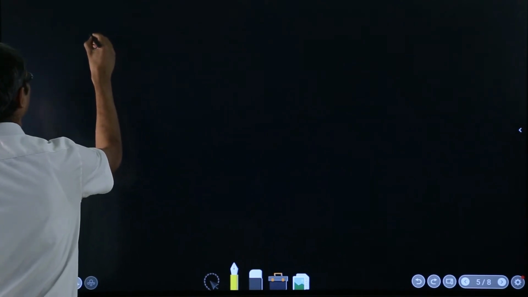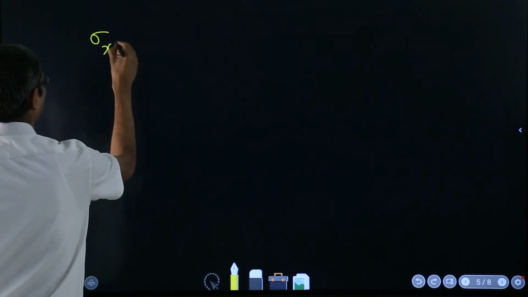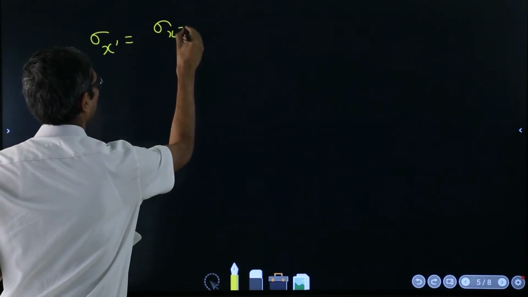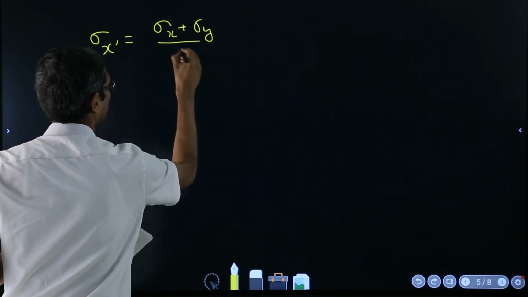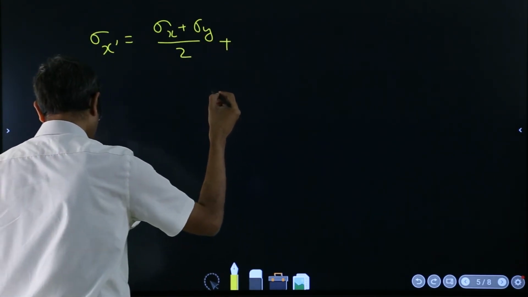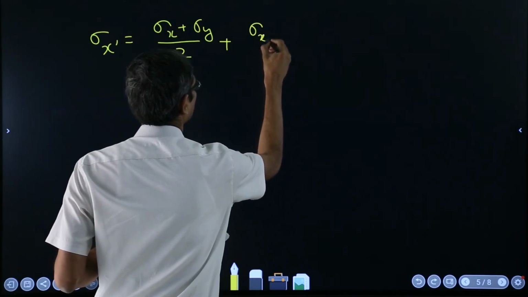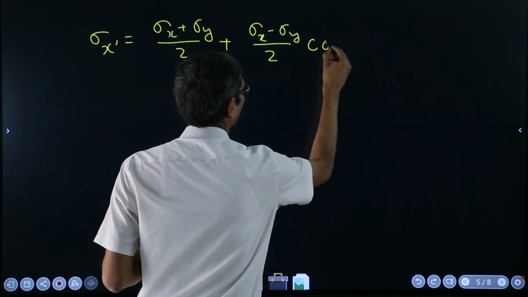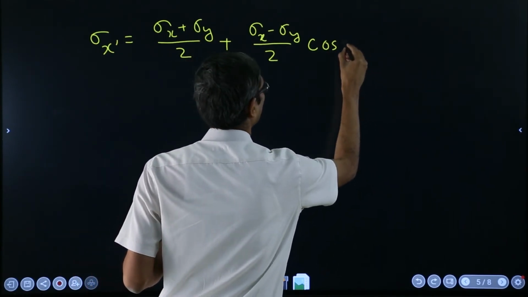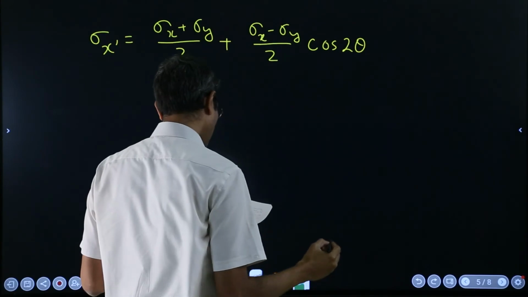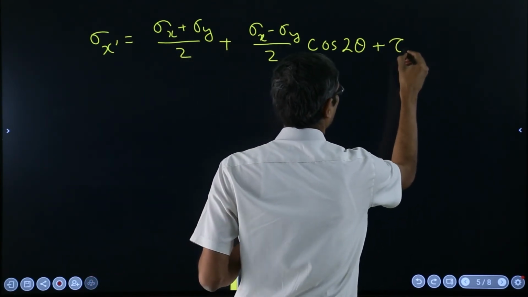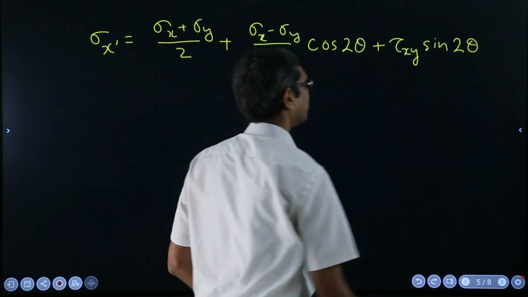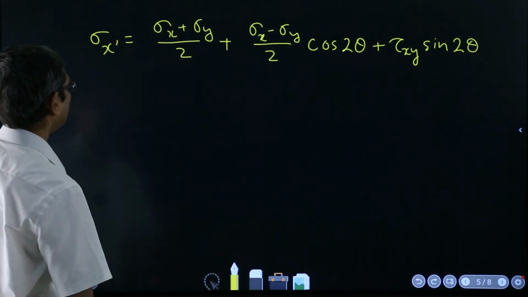They'll come something like this: sigma x primed will be equal to sigma x plus sigma y over 2 plus sigma x minus sigma y over 2 cosine of 2 theta, then plus tau xy sine of 2 theta. Okay. So this is the relation.